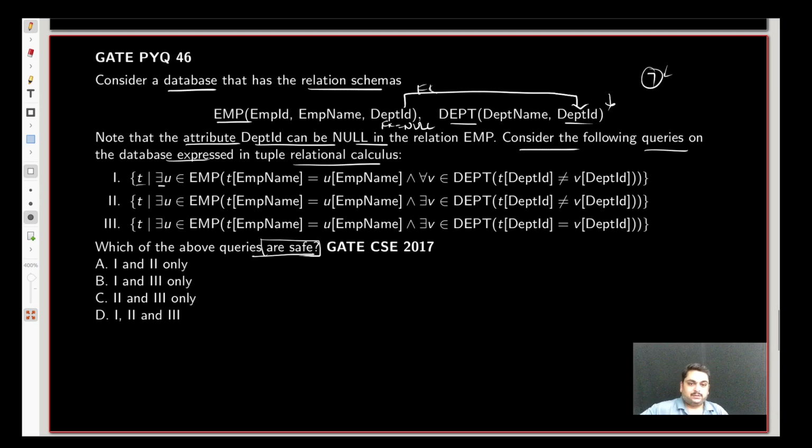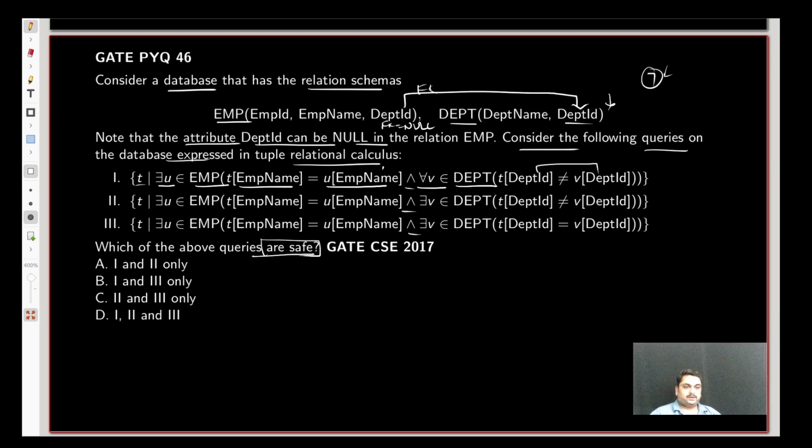T, there exists U that belongs to employee where P dot employee is equal to U dot employee name, and for all V in department, T dot department ID is not equal to V dot department ID. So the condition here is and, so basically true or false.